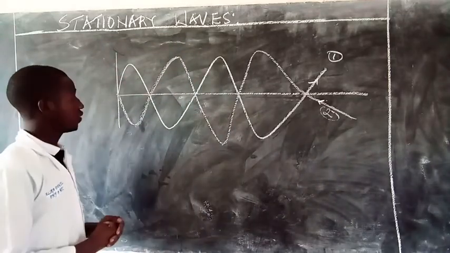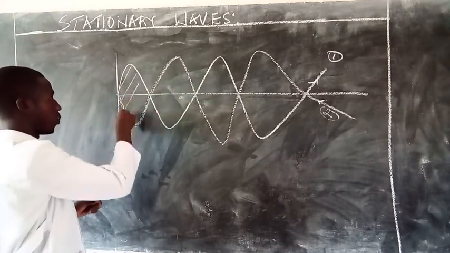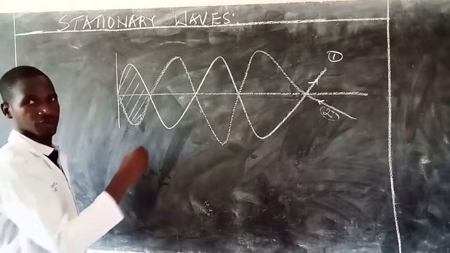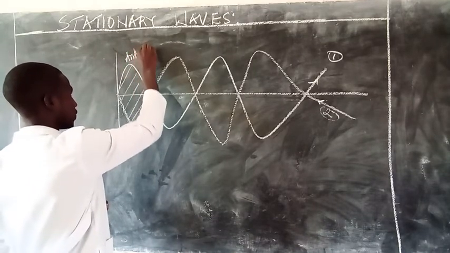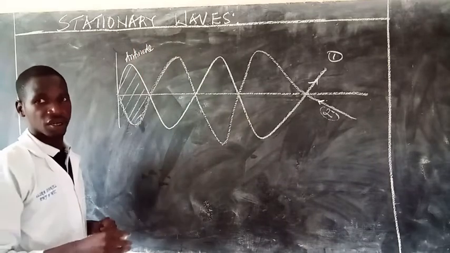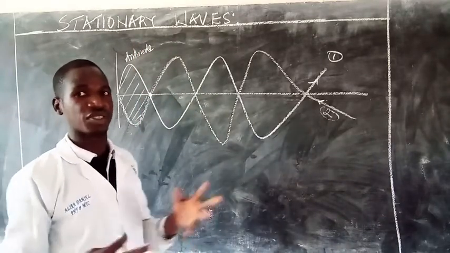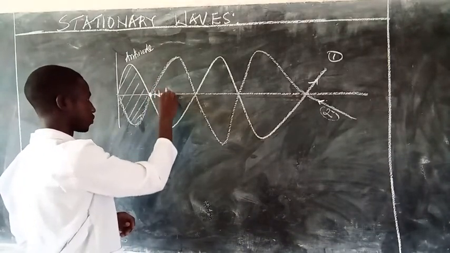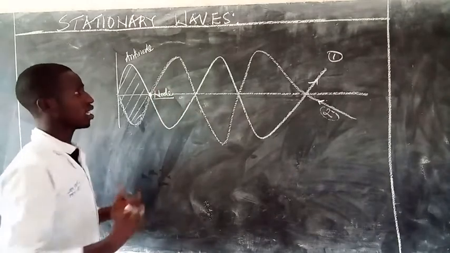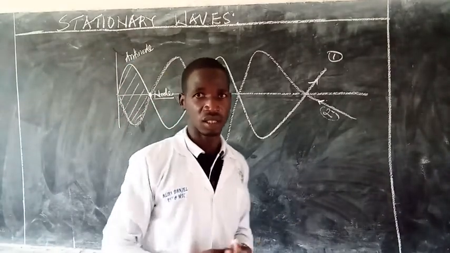A stationary wave is characterized by a point of maximum displacement, which is called an antinode, and a point of minimum displacement, or in any case it may be zero displacement, which is called a node. So on a standing wave we have nodes and antinodes.